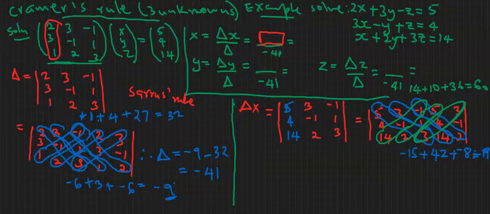And therefore, the determinant with respect to x will be 19 minus 60, which is the same as negative 41. And therefore, x will be the determinant with respect to x, which is negative 41, over the determinant of the coefficient matrix.